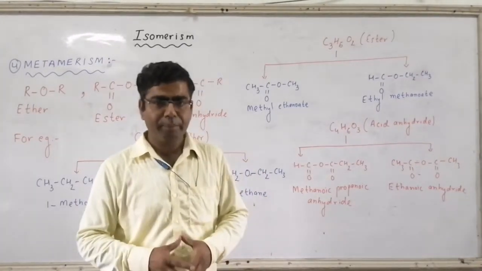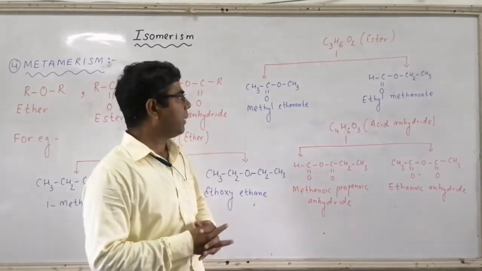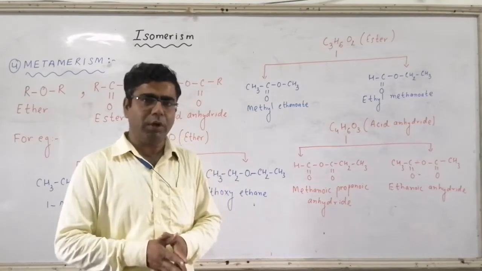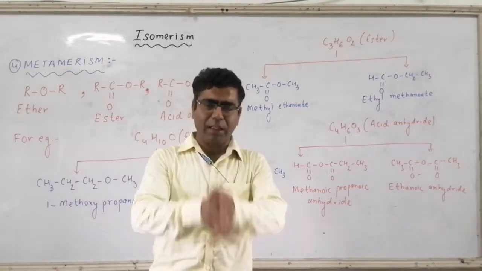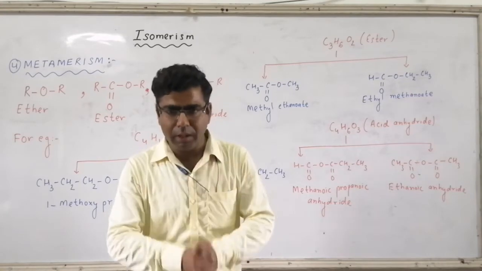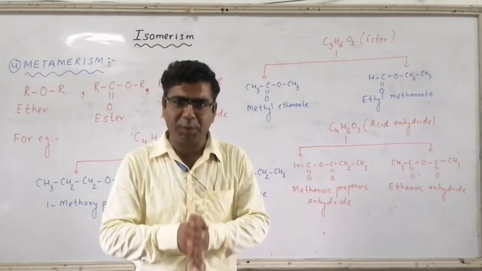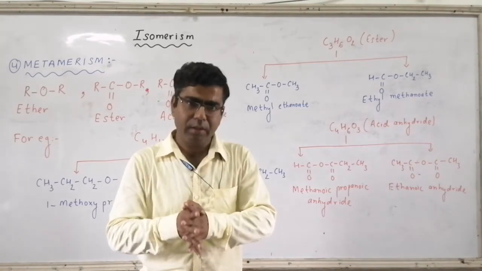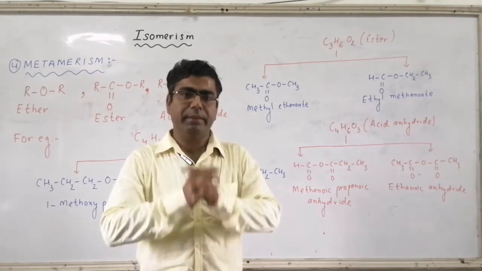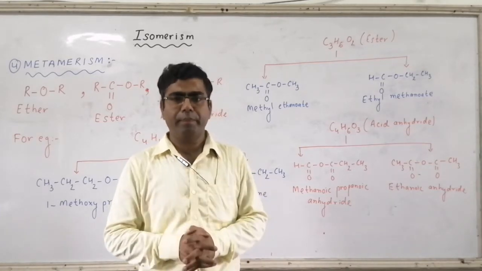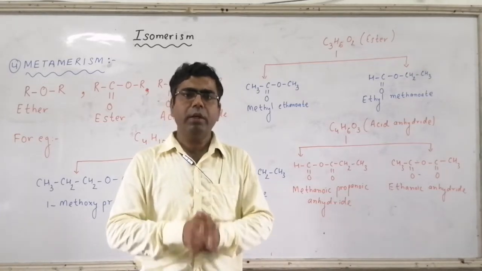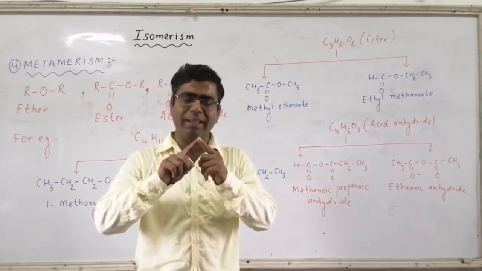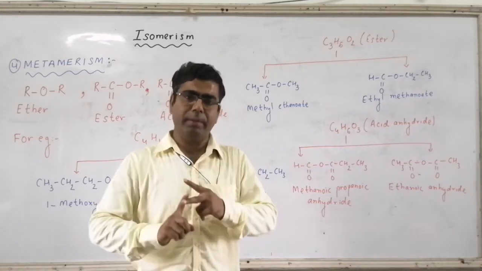This is for ether. Now let us talk about ester. I have told you in previous class also, if number of H atoms are similar to the number of H atoms present in alkene, and 2 oxygen atoms are there in the organic compound, then only 2 functional groups are possible, that is carboxylic acid and ester.